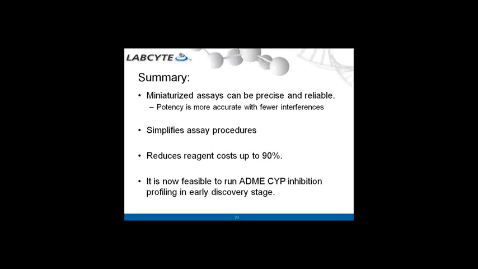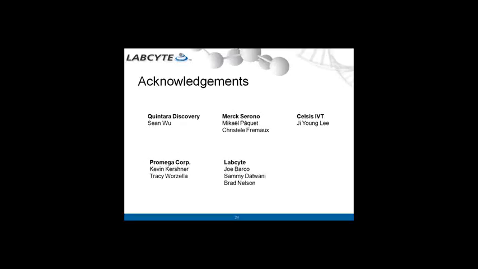The compound potency is also more accurate with ECHO liquid handler with fewer interference from tips, zero dilution, and precipitation. At the same time, you can save up to 90% reagent and also simplify your assay procedures. It is now feasible to run ADME CYP inhibition assay in early discovery stage.